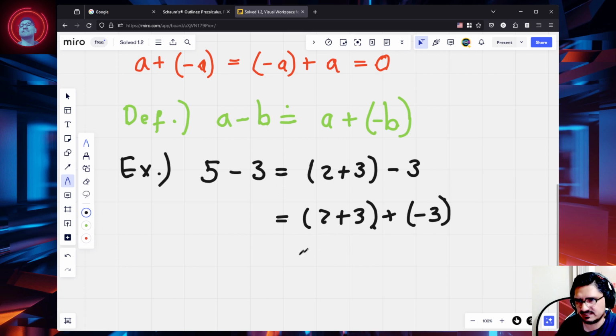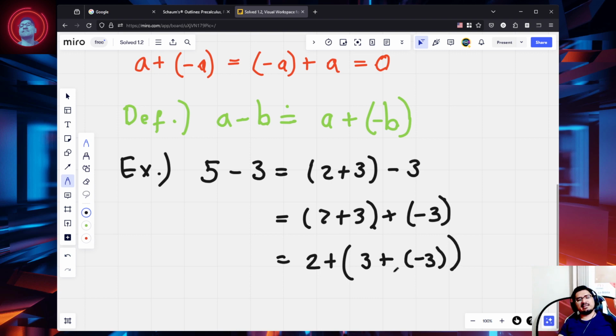But yesterday we learned about the associative property, so we can change the order of the parentheses, and by definition it is just 0, but the 0 is the neutral element of the addition, so 2 plus 0 is 2.